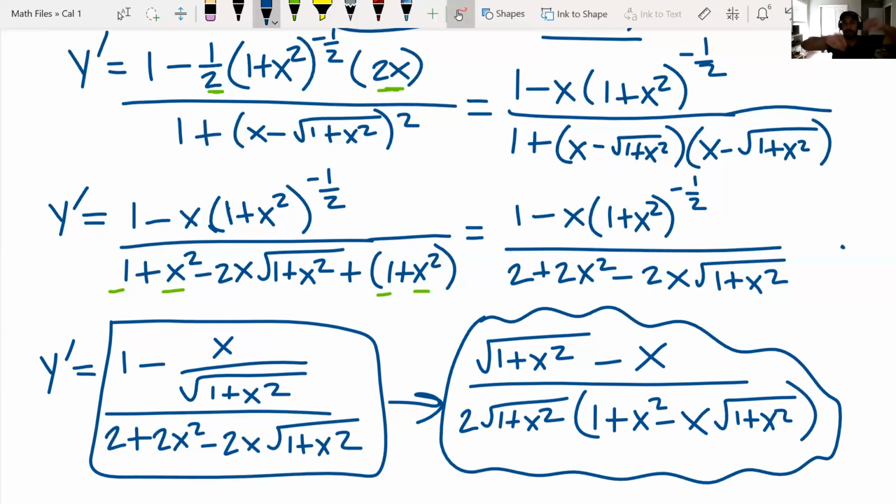If you get to that, you did it. You're good. Okay, but you don't have to. You can leave it as the one before it. Algebra.